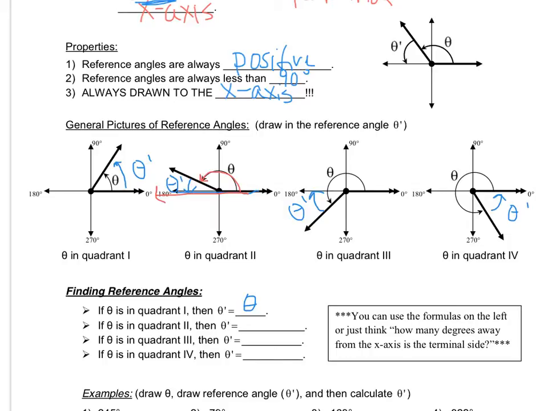So the reference angle then is going to be 180 minus theta. Okay. Then for quadrant 3, we're at 180 degrees, and then all we need to do, okay, is find that little piece. So we would take theta minus 180 degrees.